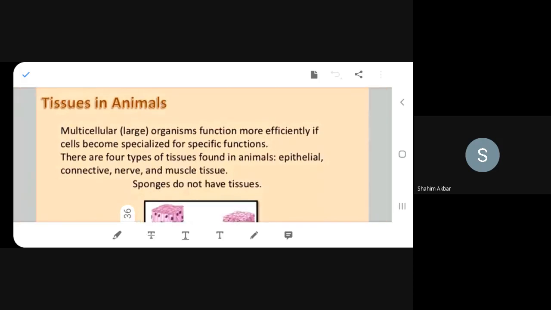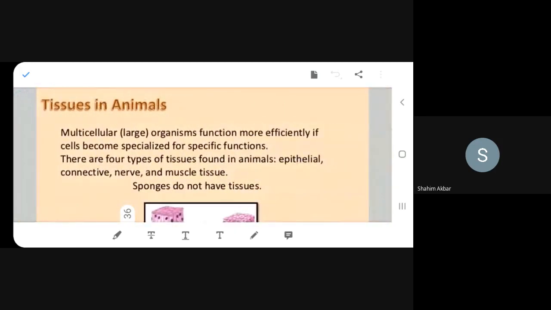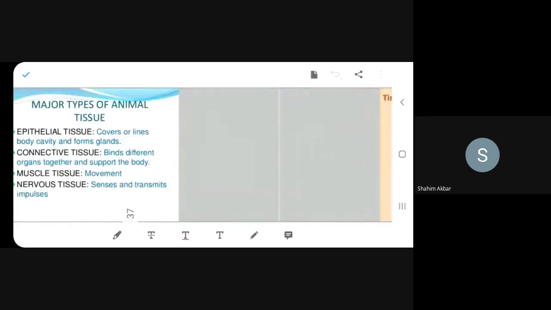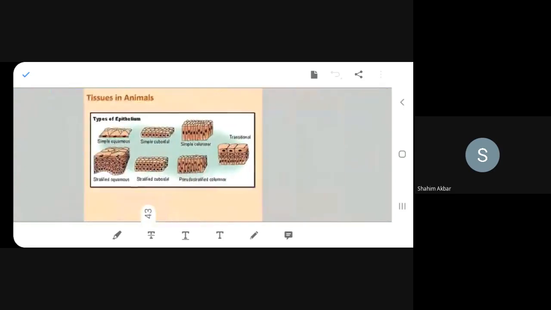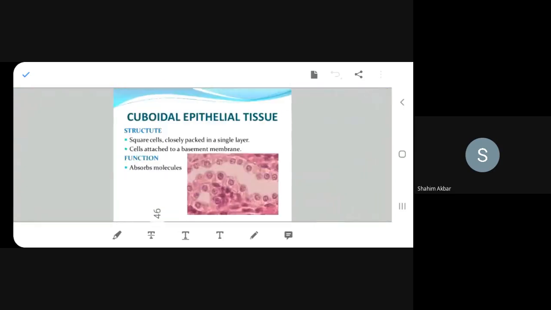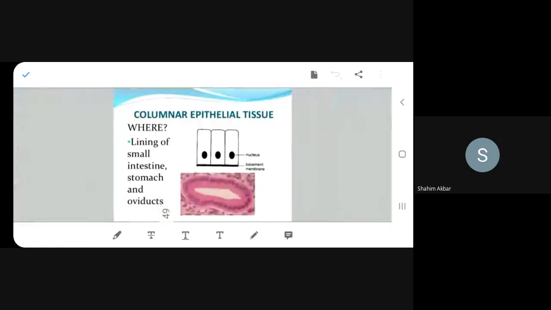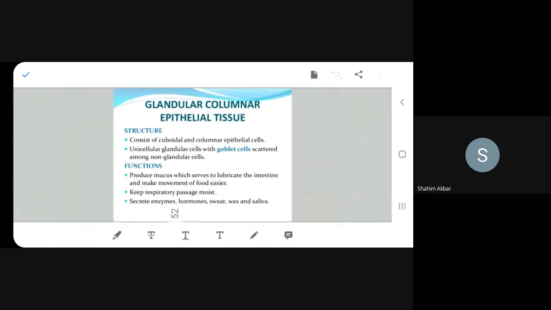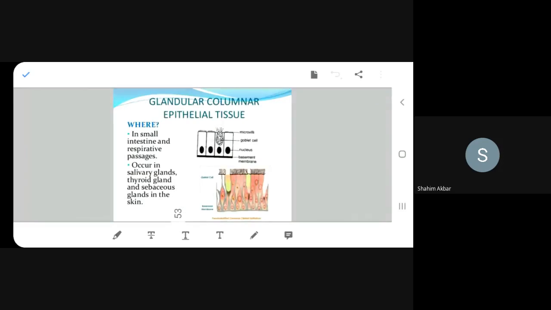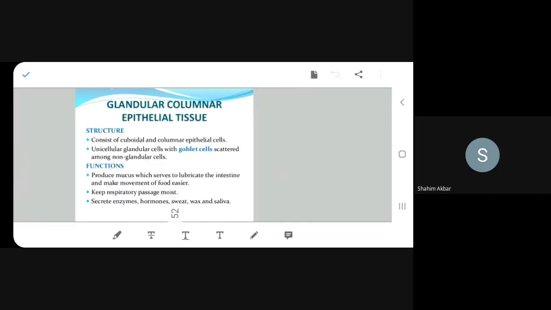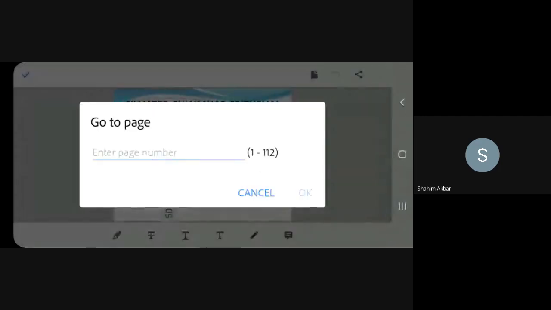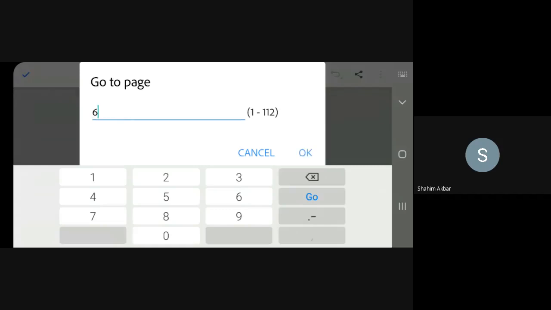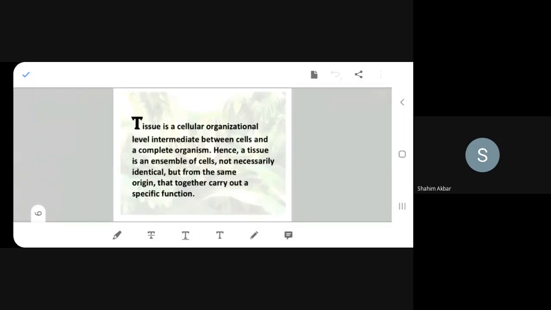Yes, tell me, how does a neuron look? Boys, can you tell me how a neuron looks?